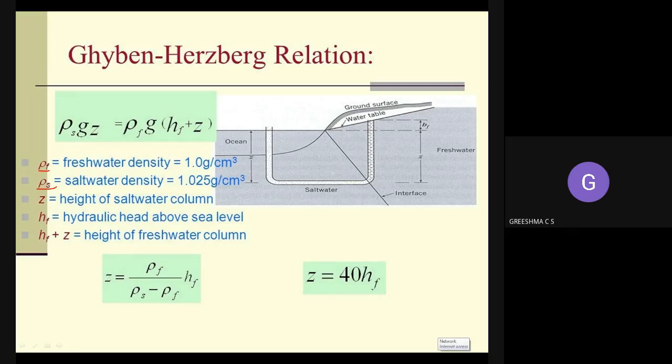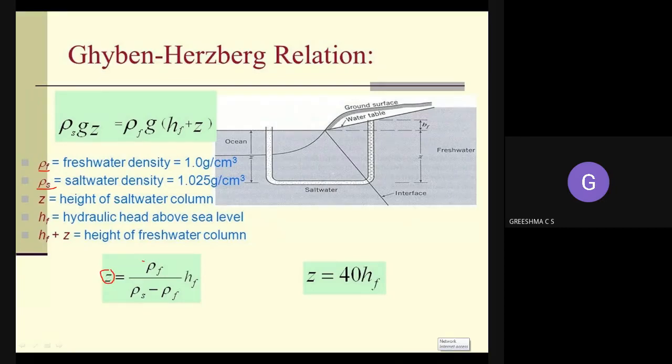So this is the equation: z is equal to rho f divided by rho s minus rho f, into h f. Here h is the depth of fresh water above the sea level, and z is the depth of fresh water below the sea level.